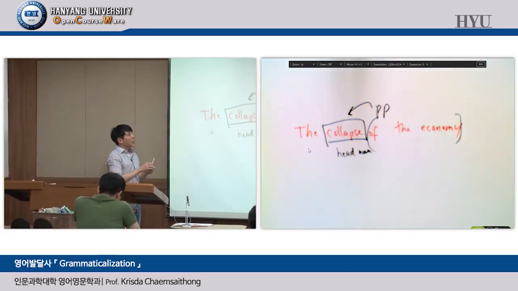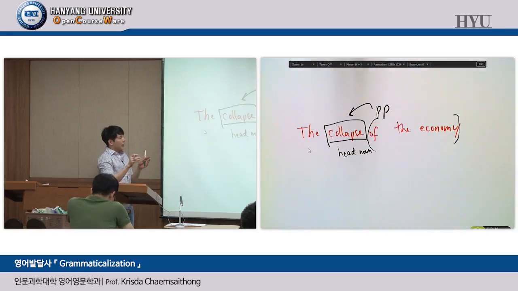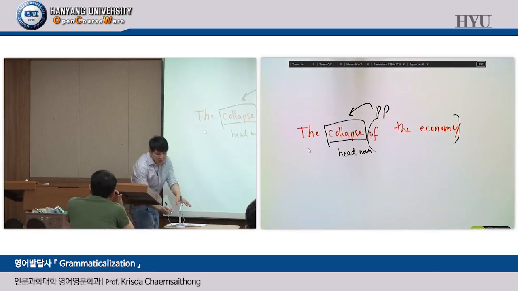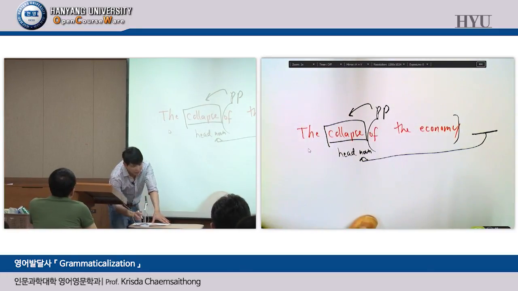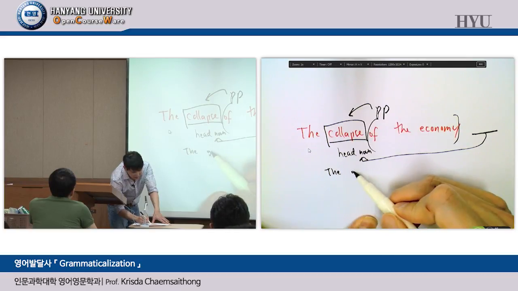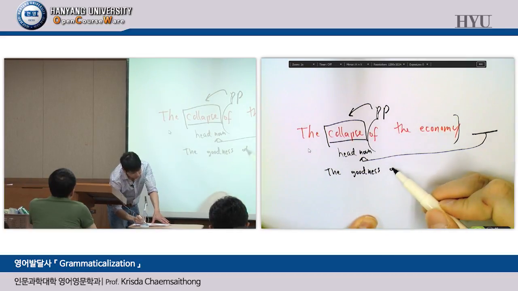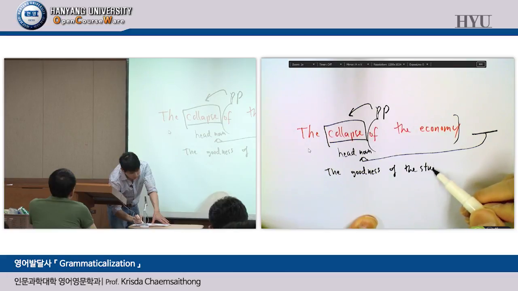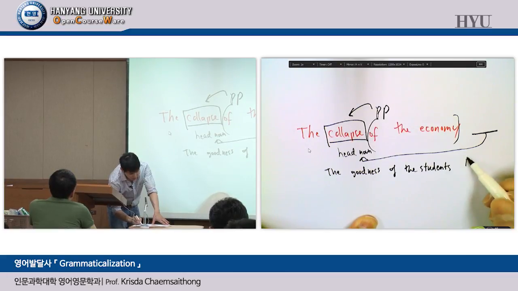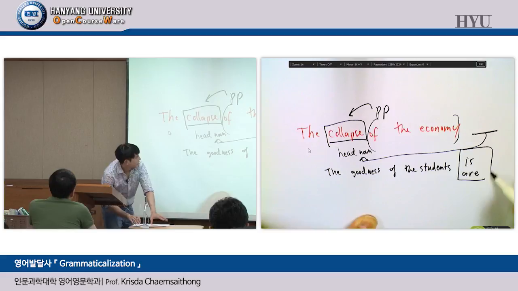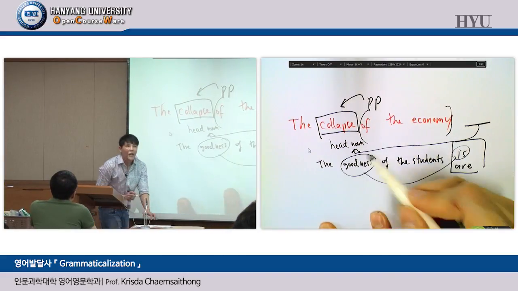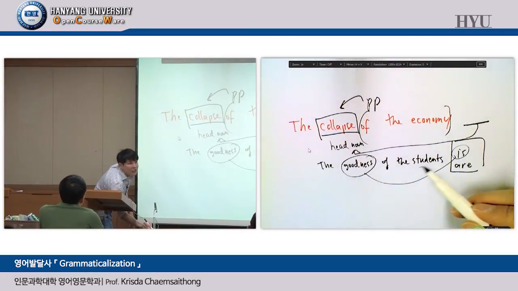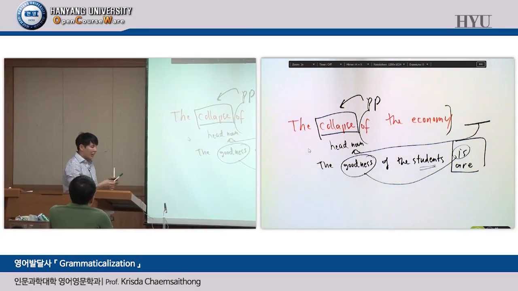Now, in English, we usually use the verb according to the head noun. Verbs agree with the head noun. So let's say "the goodness of the students": is or are? Is, because you have to use the verb to agree with goodness, not the students. You agree with that?